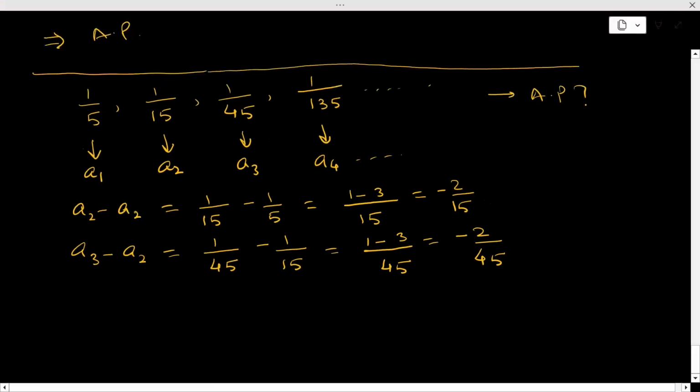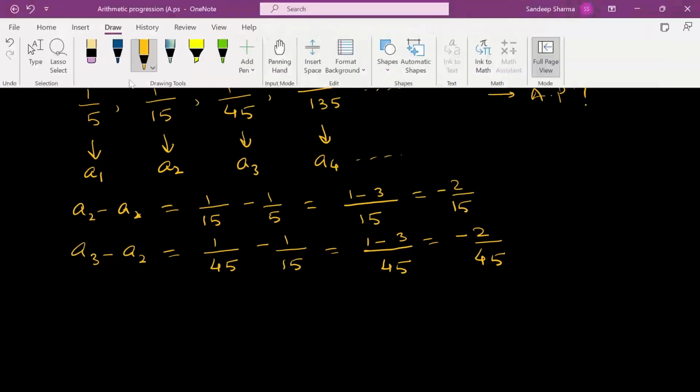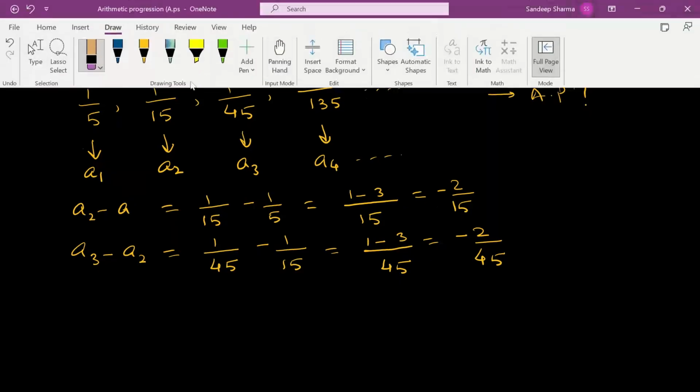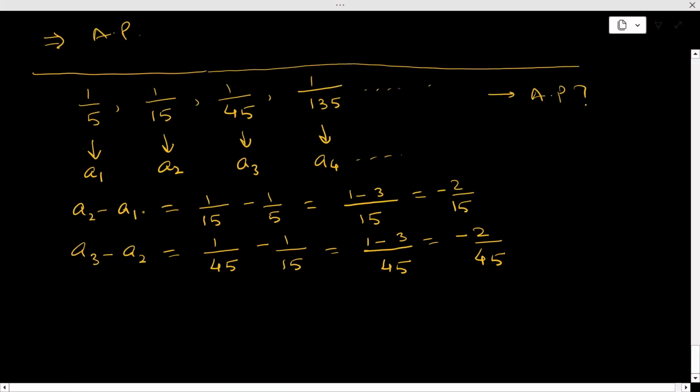From these two differences it is very clear that A2 minus A1 is not the same as A3 minus A2.